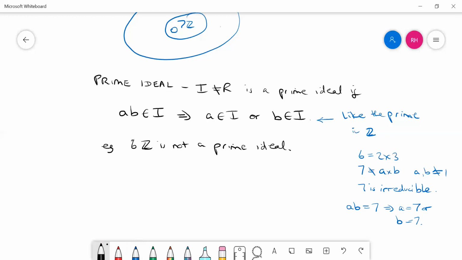Well, 2 times 3 is an element of 6Z, but 2 is not an element of 6Z, and 3 is not an element of 6Z.